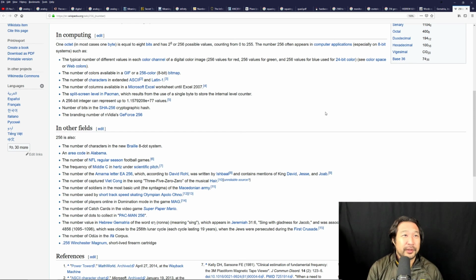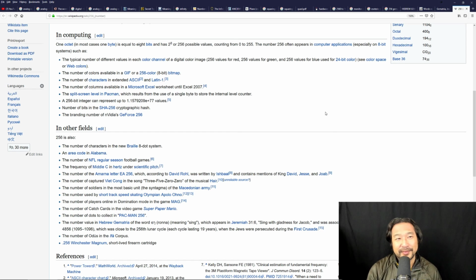Okay, so if we go to Wiki, 256 number and computing: 1 octet, in most cases 1 byte, is equal to 8 bits and has 2 to the 8th, or 256, possible values counting from 0 to 255. Number 256 often appears in computer applications, especially on 8-bit systems, such as the typical number of different values in each color channel of a digital color image. 256 values for red, 256 values for green, 256 values for blue, used in 24-bit color.